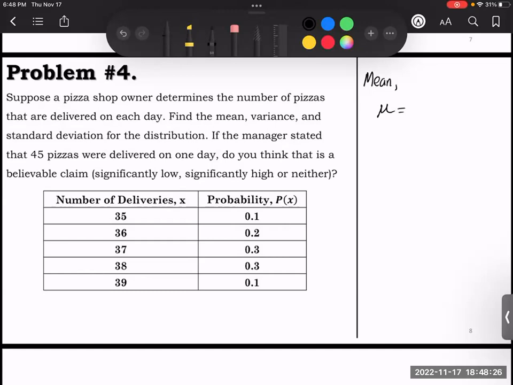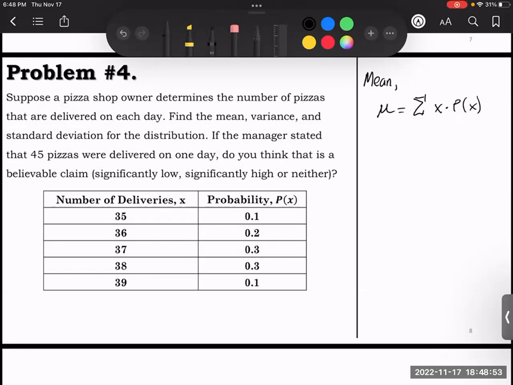You okay, Sanjita? This is equal to the sum of x times p of x. That means that for our variable x, which represents the number of deliveries, each value of x, we have to multiply by its probability, and then we add it up. Okay? That would be your mean.